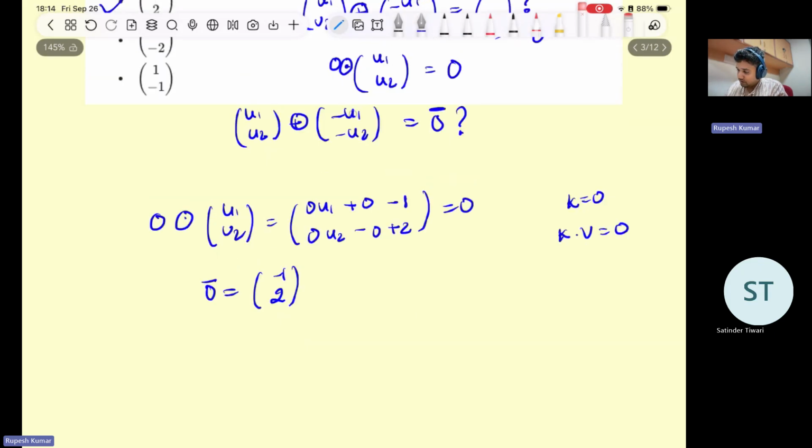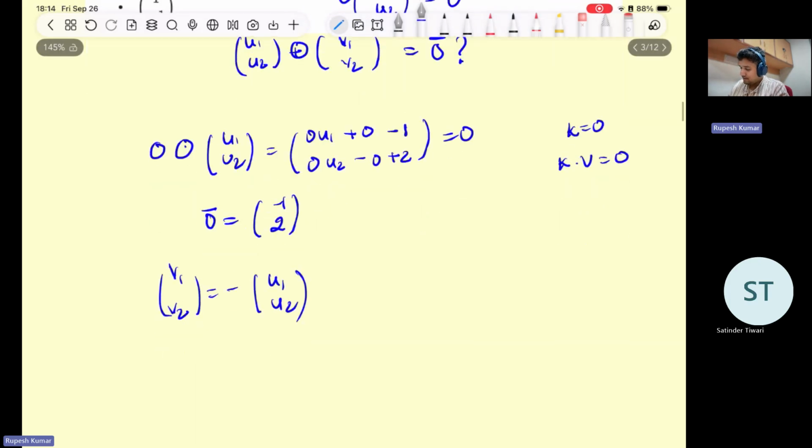Let's try to find the negation of this vector, right? Let's say v1, v2, such that v1, v2 is equal to minus u1, u2, the negation of u1, u2, which in our well-known vector space looks like this.